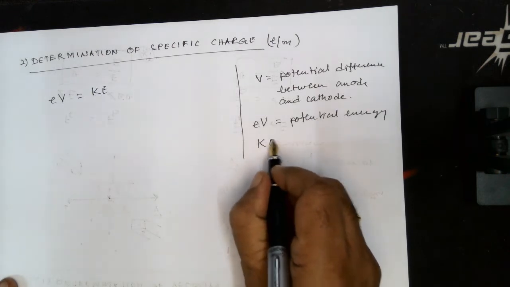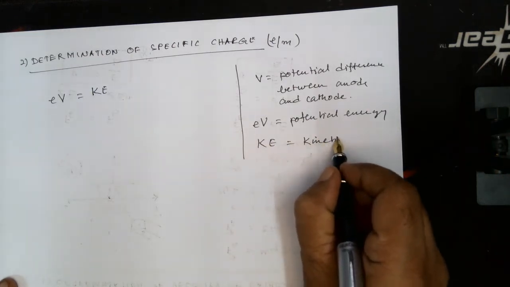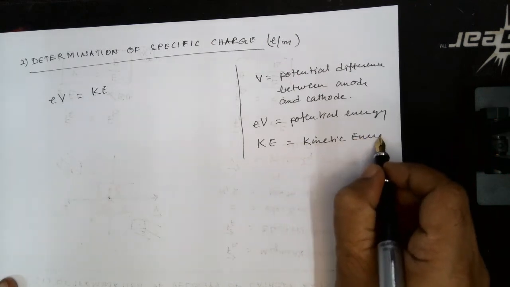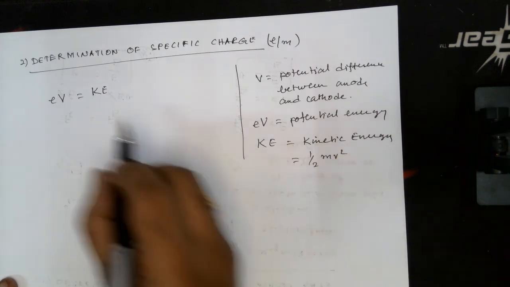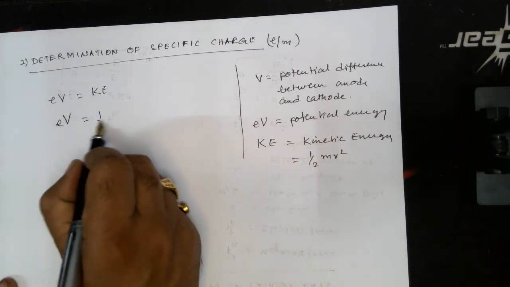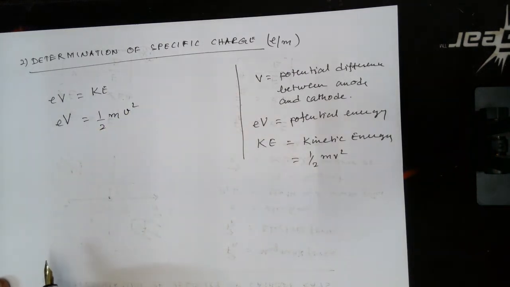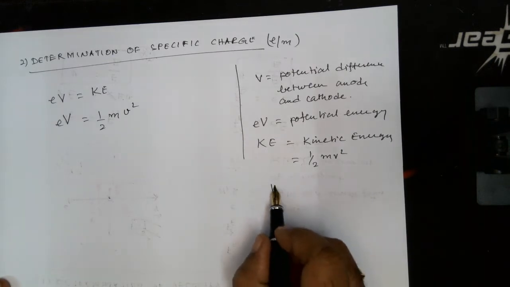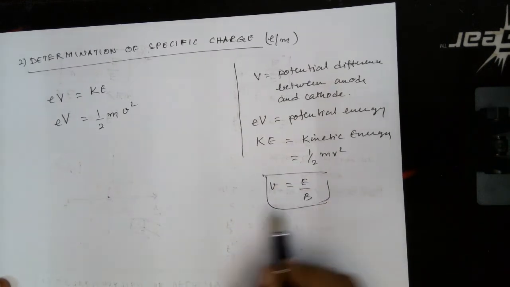We know kinetic energy is nothing but half mv square. So eV, this is capital V, equals half m, this is small v square. We know v is equal to E by B, so that can be substituted here.